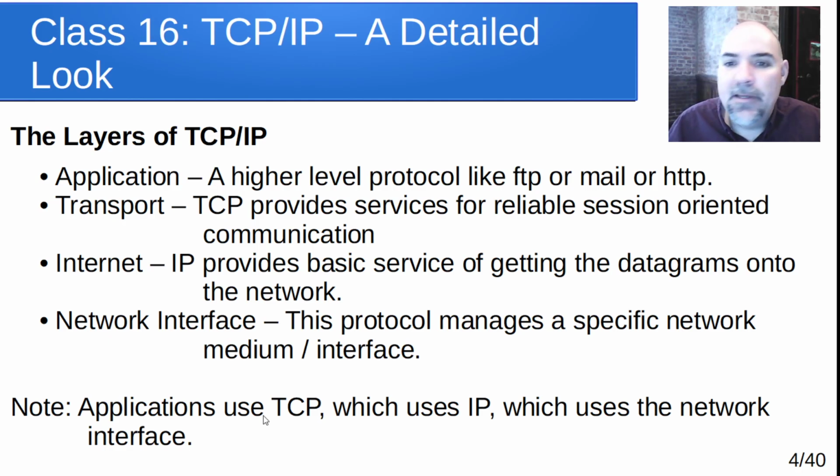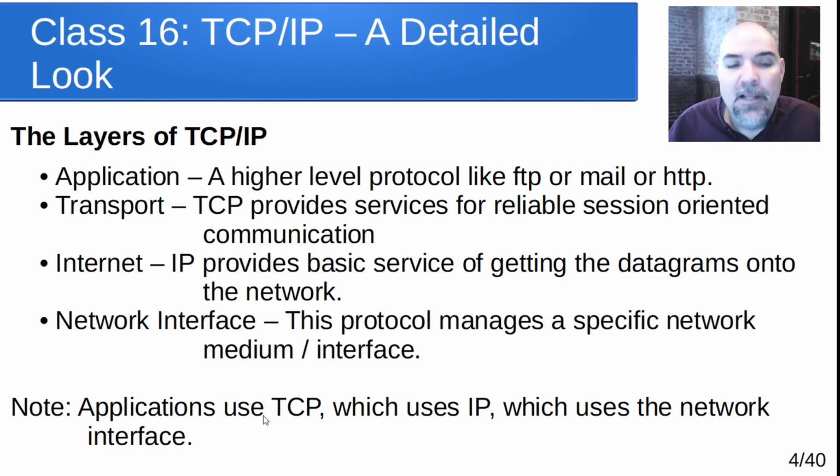Could be FTP, could be HTTP, could be one of the mail protocols, or it could be some proprietary thing we make for our own game server that we're creating. It could be something very simple, could be something very complicated. But that application layer is usually just using the services of TCP and IP to do its job. And it defines its own protocol for how things get encoded, how they get decoded, and what the actions are.